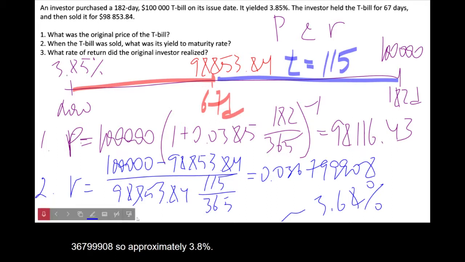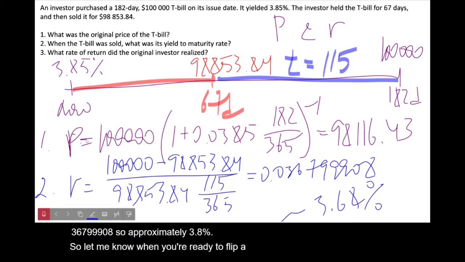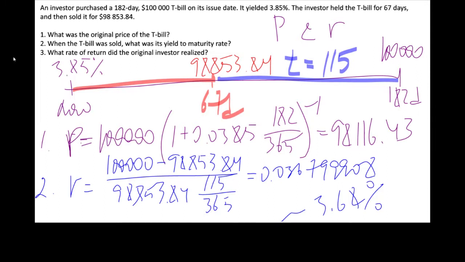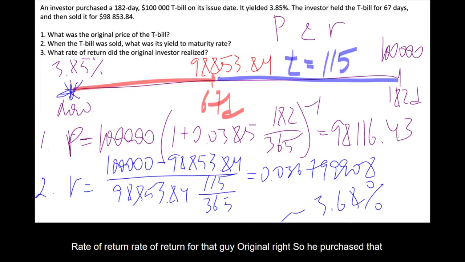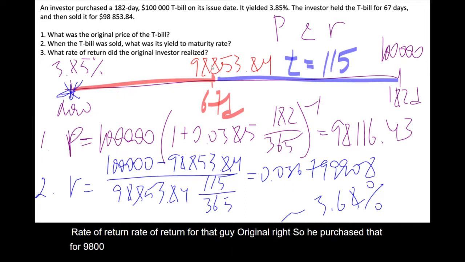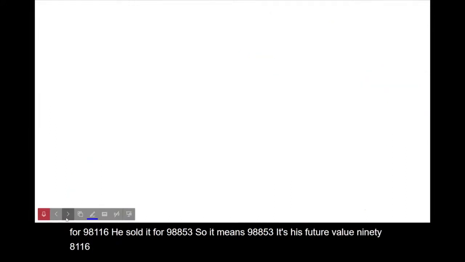Okay, so let me know when you're ready to flip a page. Now, rate of return. Rate of return for that guy, original, right? So he purchased that for 98,116. He sold it for 98,853. So it means 98,853 is his future value. 98,116 is his present value.